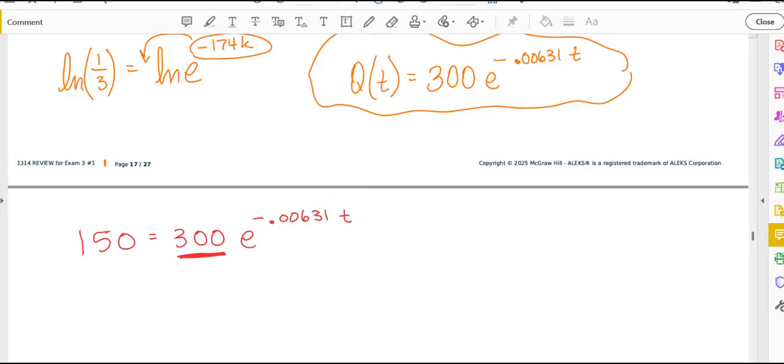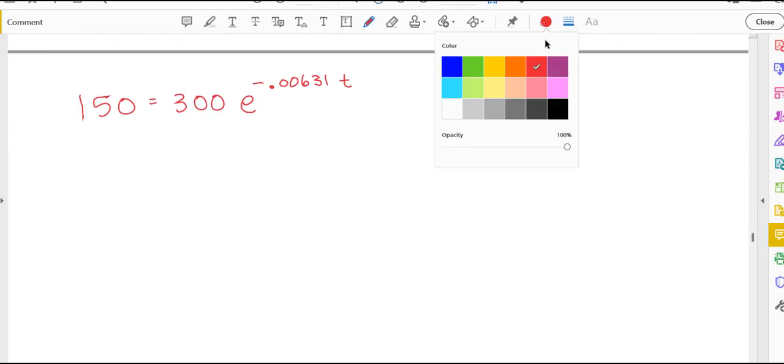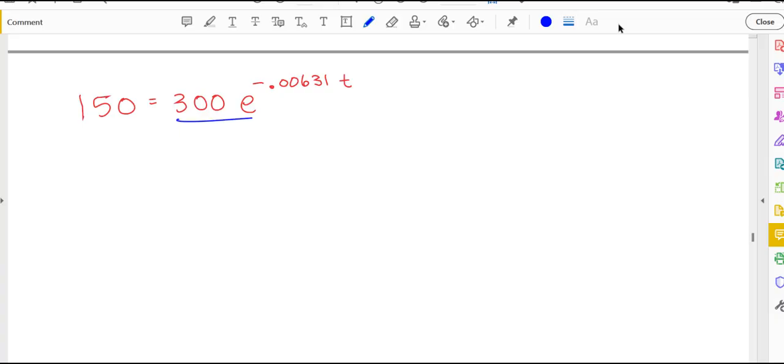Divide both sides by 300 to get e by itself. 150 divided by 300 is 0.5 equals e to the negative 0.00631 t.